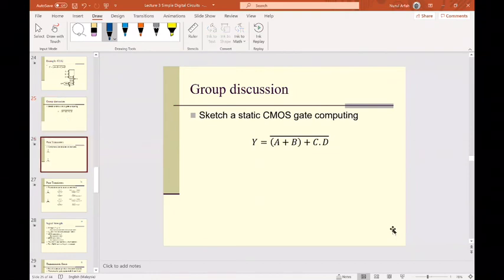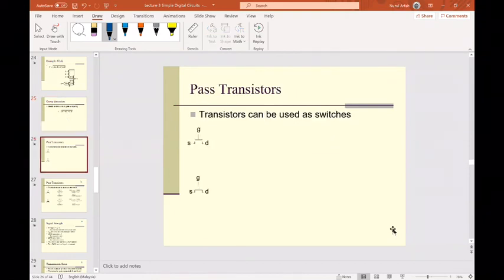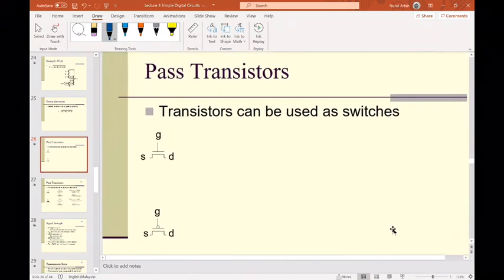Okay, very good job, everyone. Right, now we have the NMOS and PMOS transistors. This is a single PMOS and NMOS, or we call them pass transistors. So this is N, this is P. How do we recognize that? Just look at the bubble or no bubble. If you want to make this one a switch, you need to control the gate.